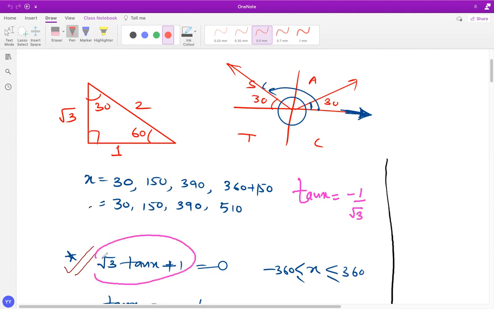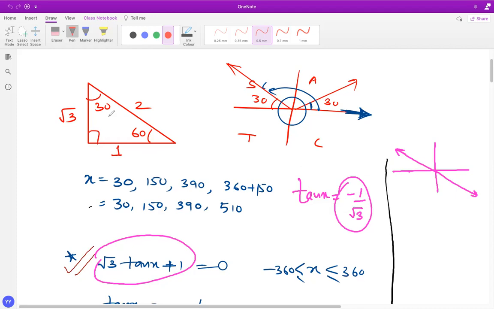So now once again we have to use the unit circle. Let's say here is my unit circle, or you can just use the quadrants. Now since tan is negative here, my angle is either in the second quadrant or in the fourth quadrant.